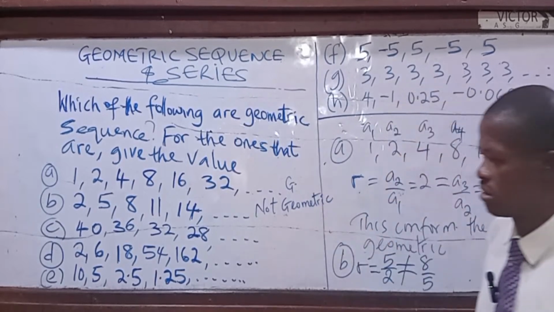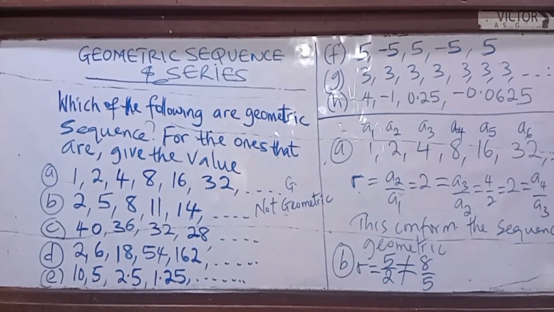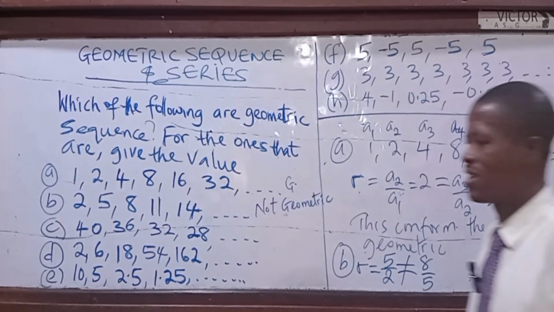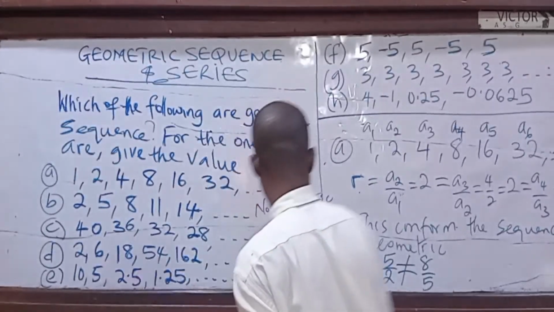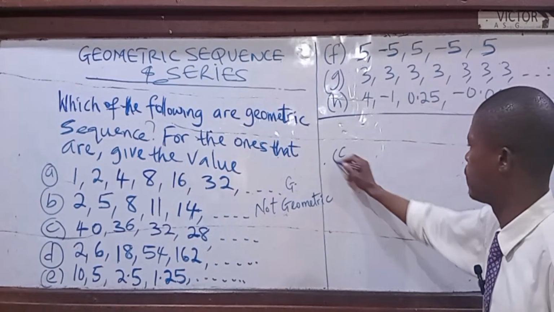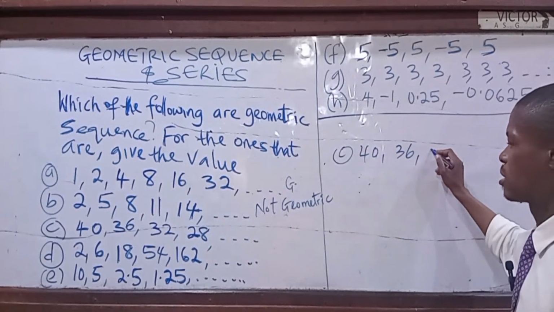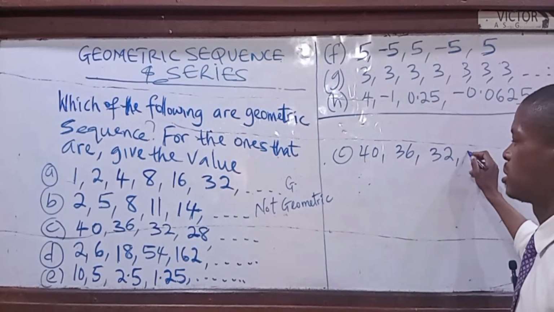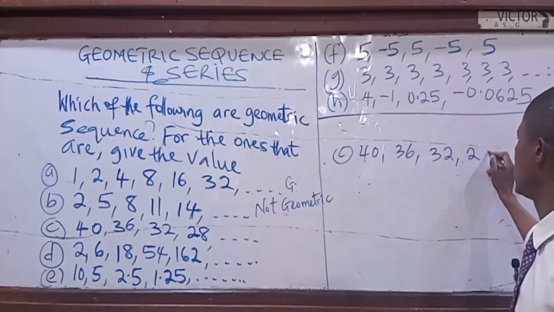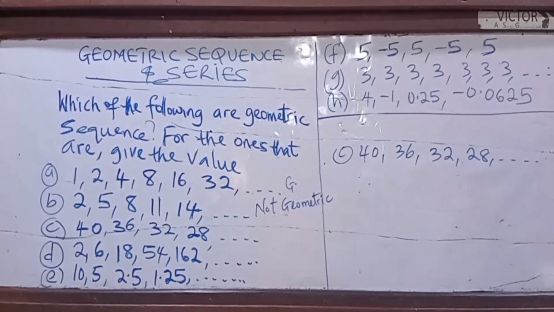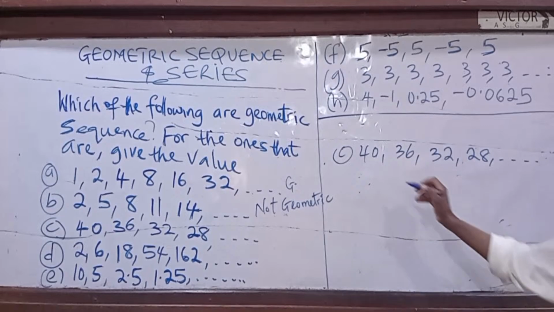The C part also: if you look at the sequence for the C part, we have 40, 36, 32, 28. The sequence is decreasing by 4.